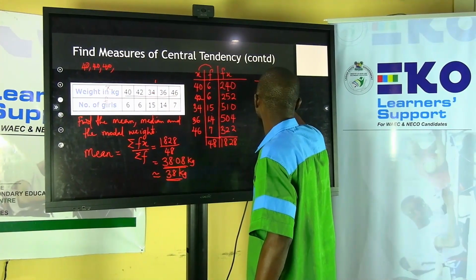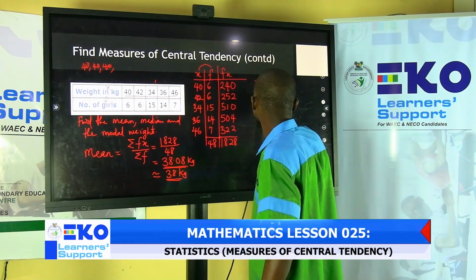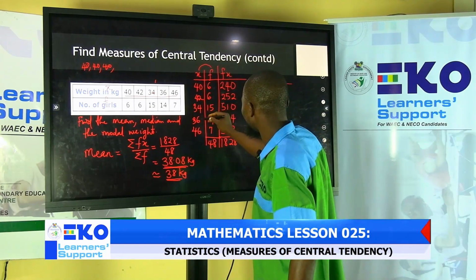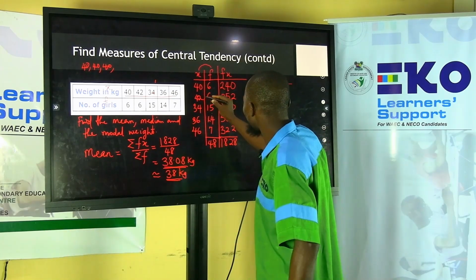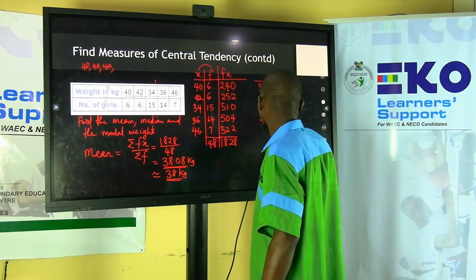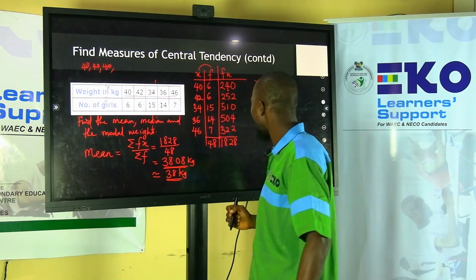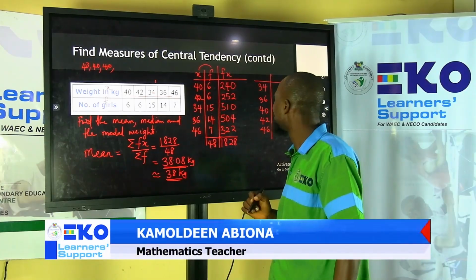After 34, I have 36. After 36, I have 40. After 40, 42. After 42, I have 46. Yes, I think it's well arranged now.